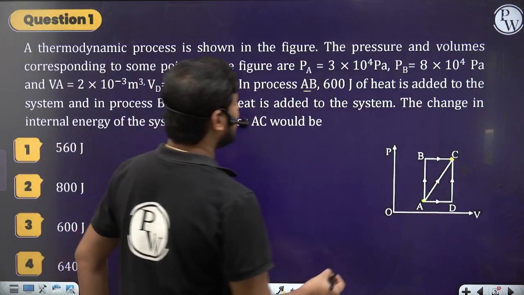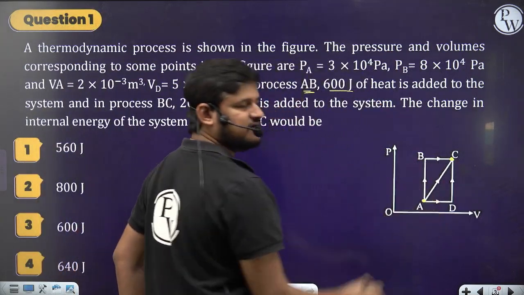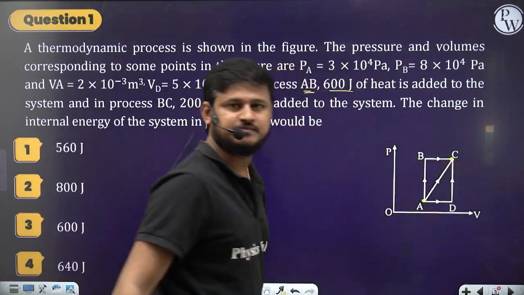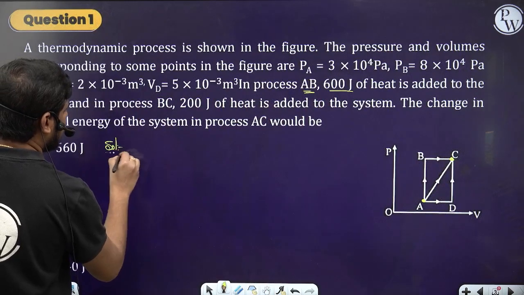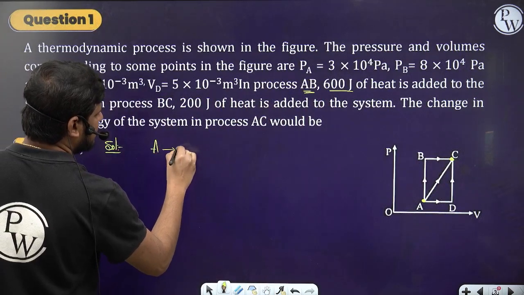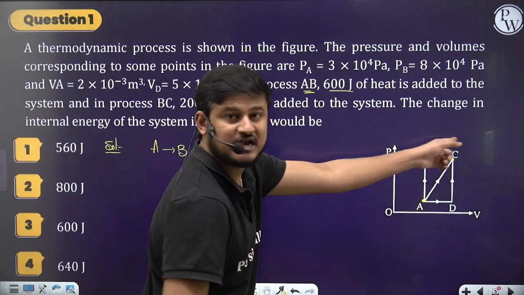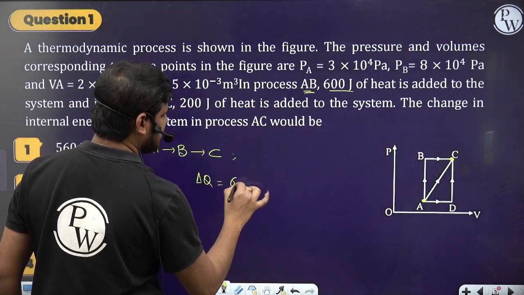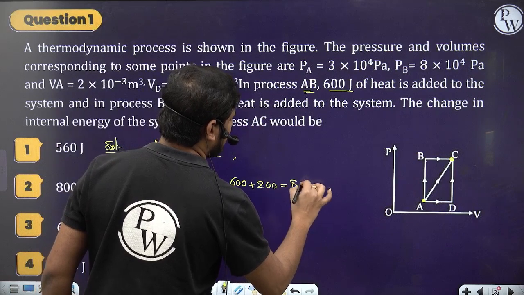So they gave that in AB 600 joules of heat is added, and in BC 200 joules of heat is added. Overall, how much heat is added in the process A to B and from B to C? The total heat added is 600 joules plus 200 joules, which equals 800 joules.